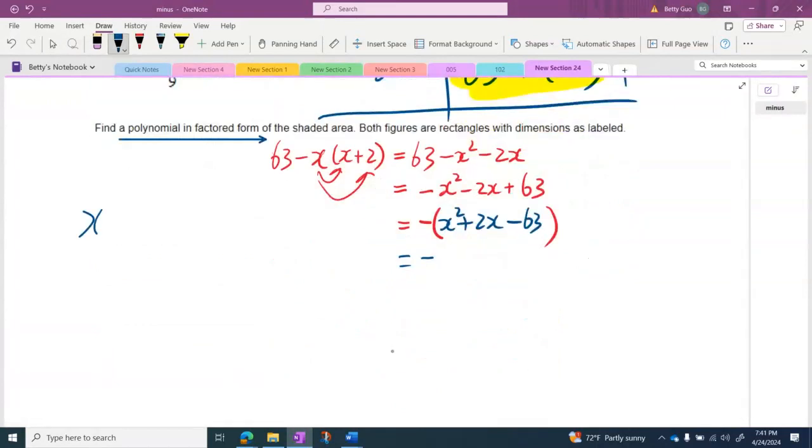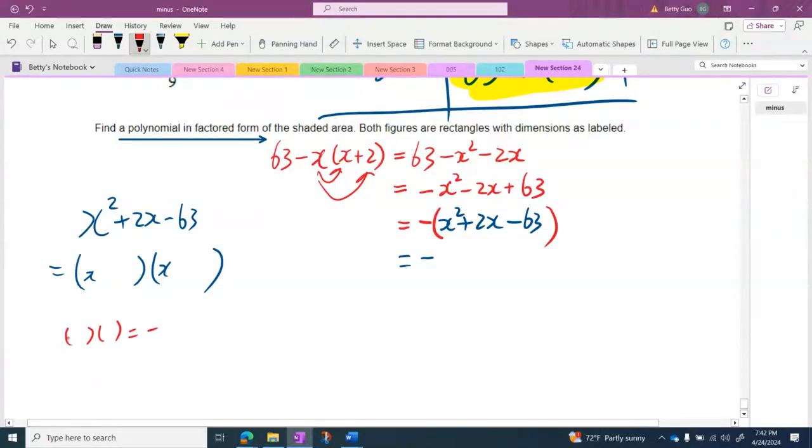I'm going to do it here. X squared plus 2x minus 63. Shortcut method. We need two integers that multiply to negative 63 and add up to positive 2. Then the two integers must have opposite signs.